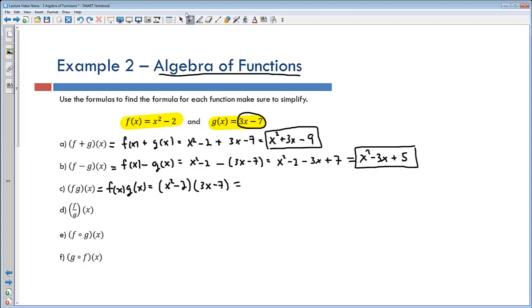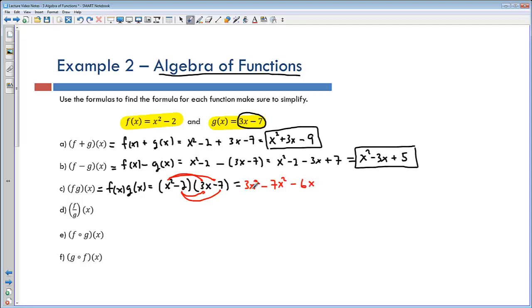We can practice our factoring on here. So it's really easy to multiply this out. The idea is you just take x squared times this and x squared times that. So you're going to get 3x squared minus x squared times 7, so 7x squared. And then you take the next term and multiply by this, and then multiply by that. So minus 2 times 3x is minus 6x.